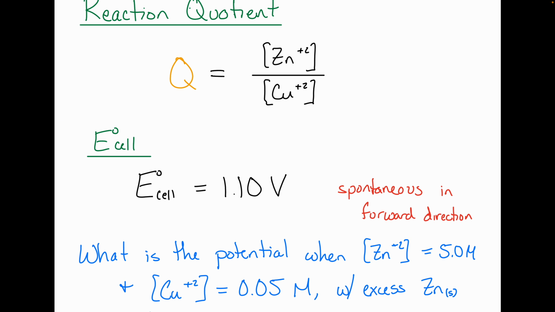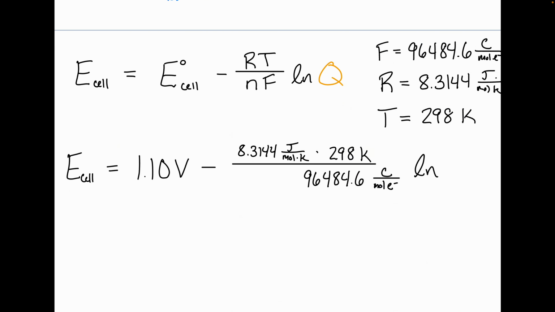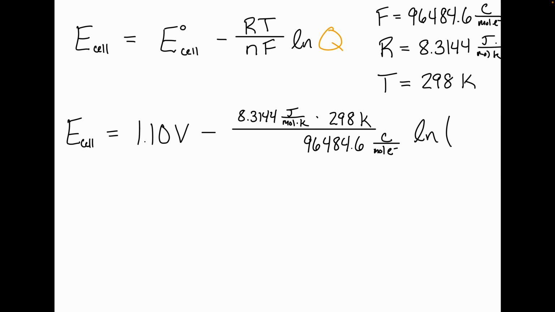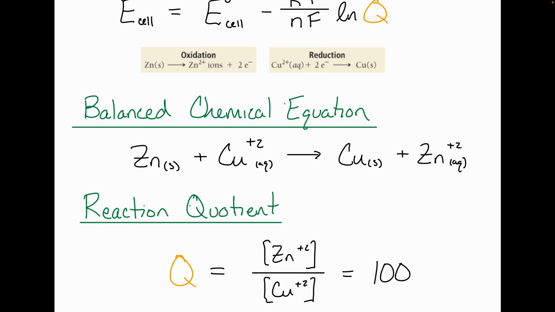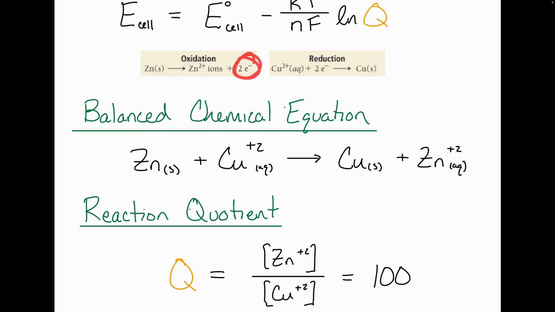All right, so first of all, if I plug those concentrations in, I get a value of Q of 100. I'm going to plug that into my equation here. I'm going to multiply by R times T divided by N. What is the value of N in this reaction here? That's why we have to charge balance this equation, paying specific attention to the number of electrons being transferred.